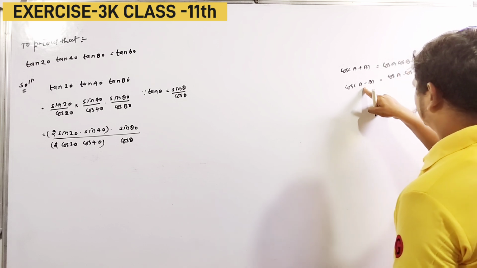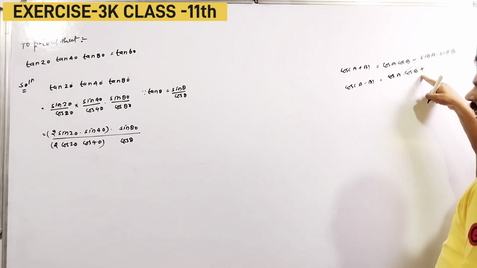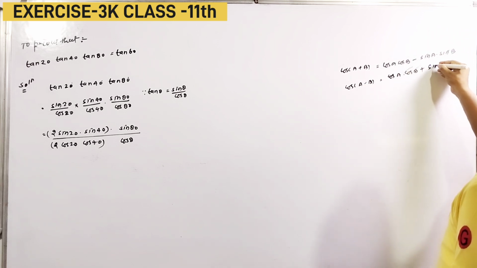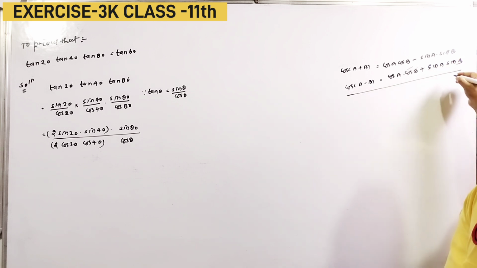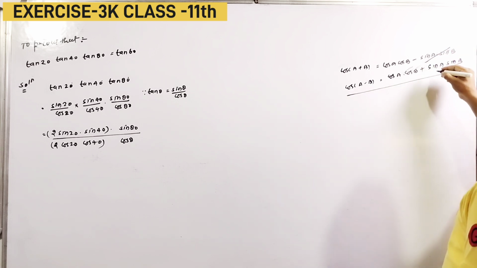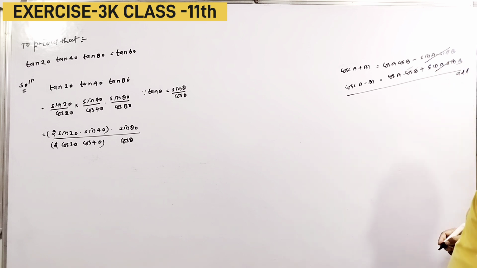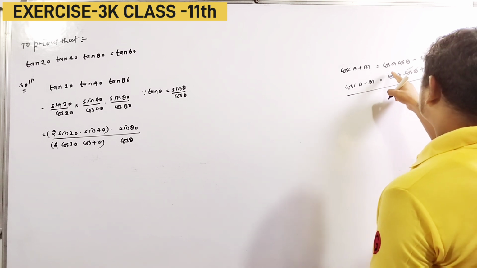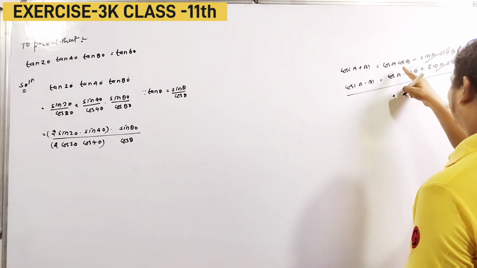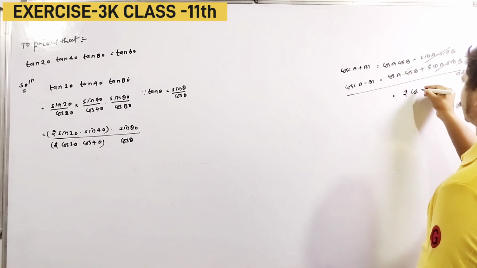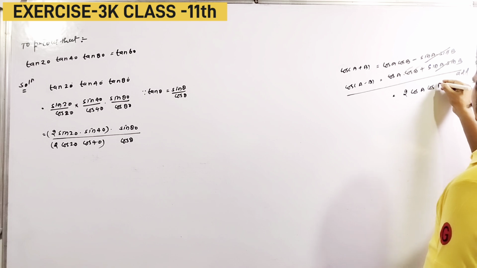If there is minus, then you will apply plus. After that sine A into sine B. And when you add it, these will be cancelled out, clear? So what is left is cos A cos B and cos A cos B, these are the same to each other. It means you will add it. When you add, this becomes 2 cos A into cos B.